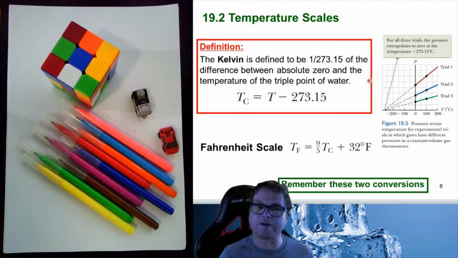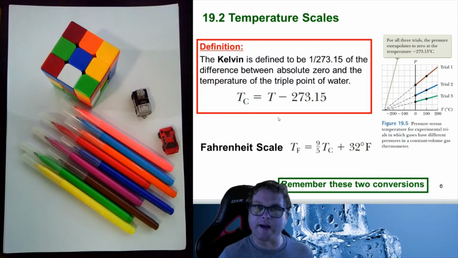You can read through this box yourself and see how it's defined. Very important for us is to be able to convert between degrees Celsius and Kelvin, and you can see there's a difference of 273.15 between the temperature in degrees Celsius and the temperature in Kelvin.